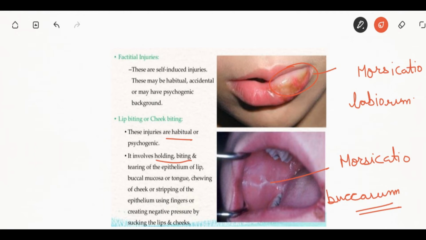What you will see is biting and tearing of the epithelium of the lip, buccal mucosa, or the tongue. Patients generally chew their cheek or cause stripping of the epithelium using fingers, or create negative pressure by sucking the lips and cheek. Such a type is seen in patients who are under psychological stress.